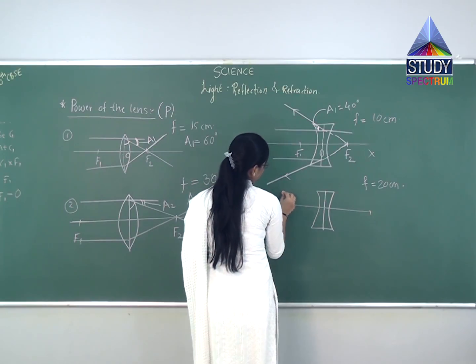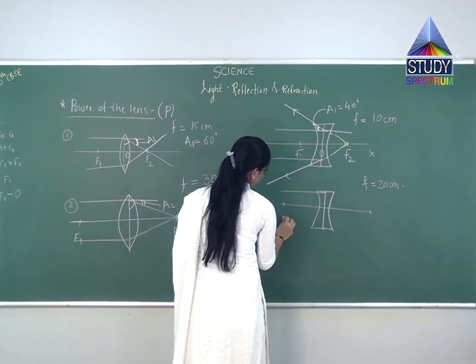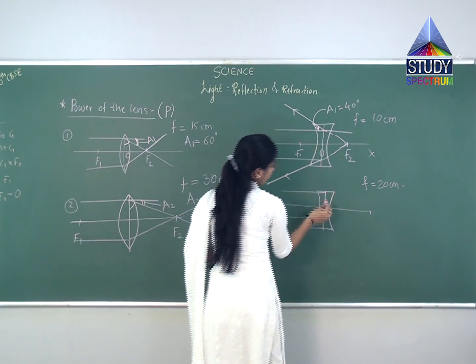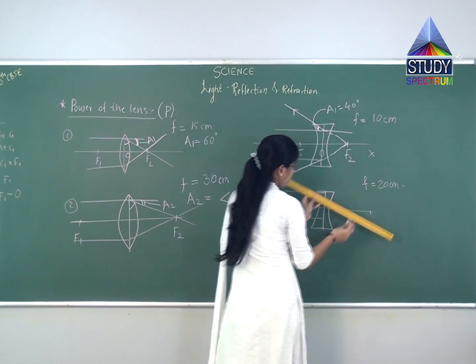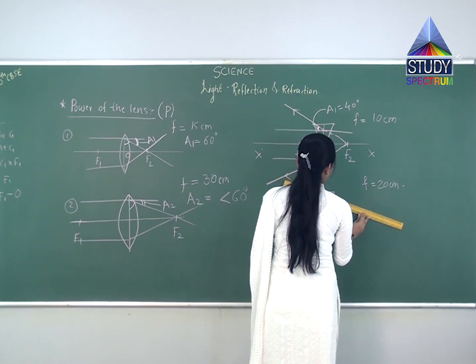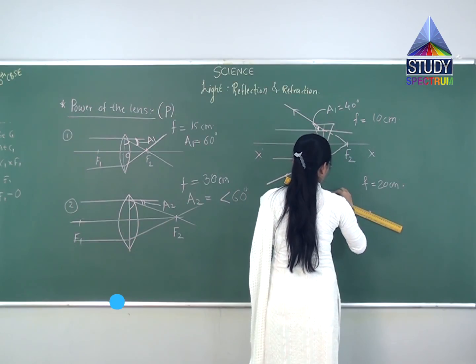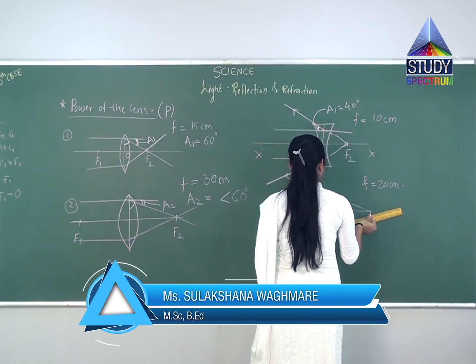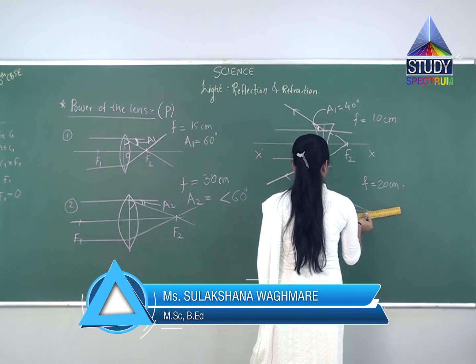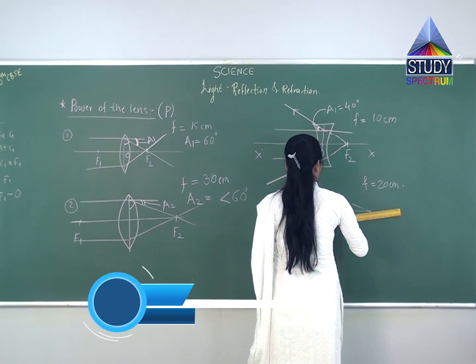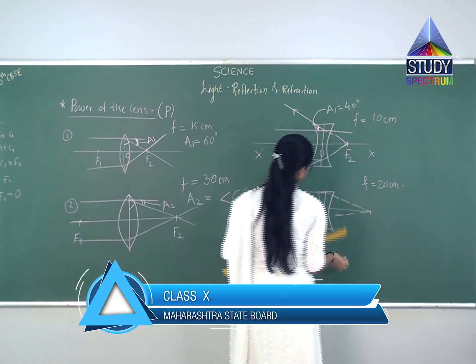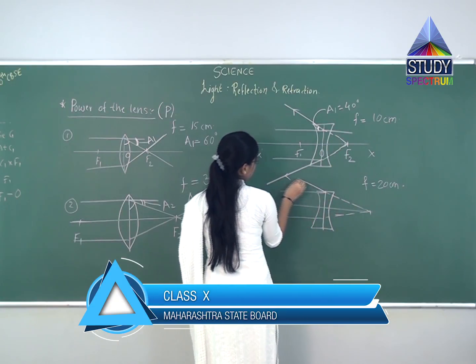Again light will fall parallel to the principal axis like this, and you can see it will appear to be diverged from the focus like this.